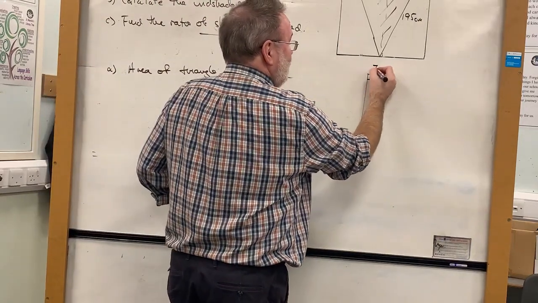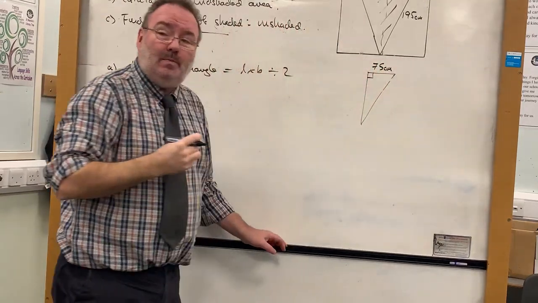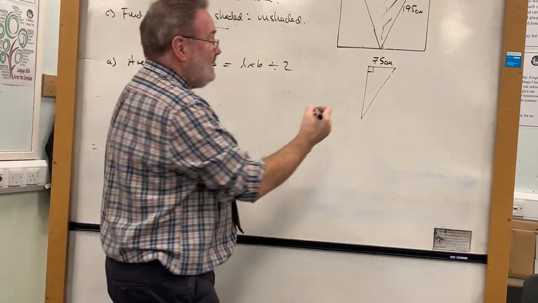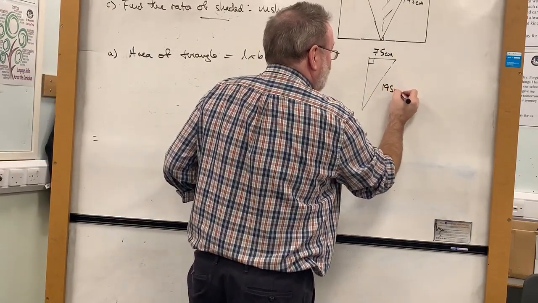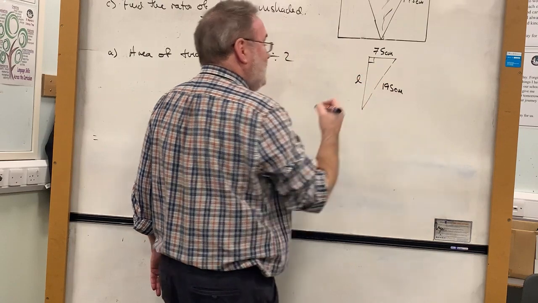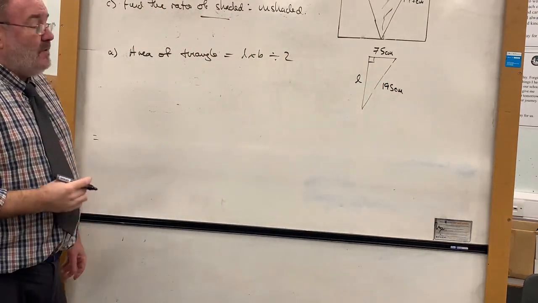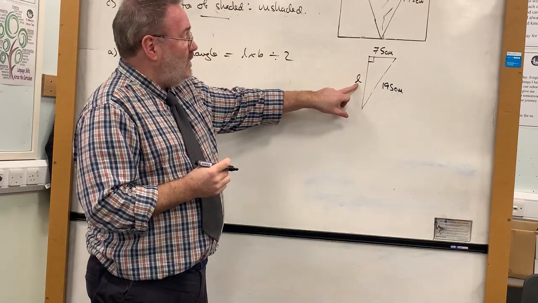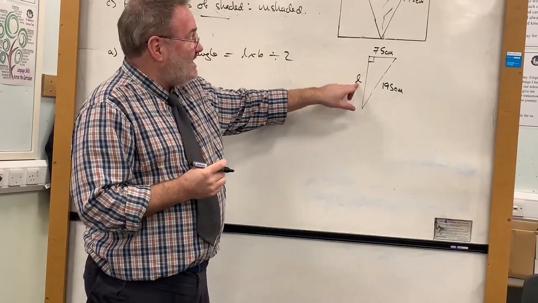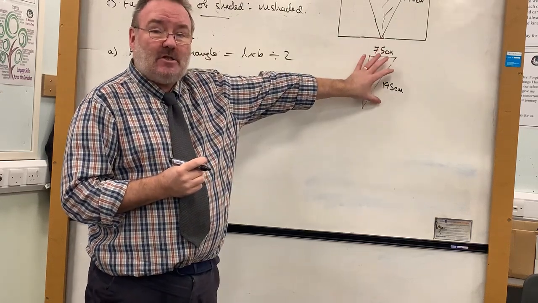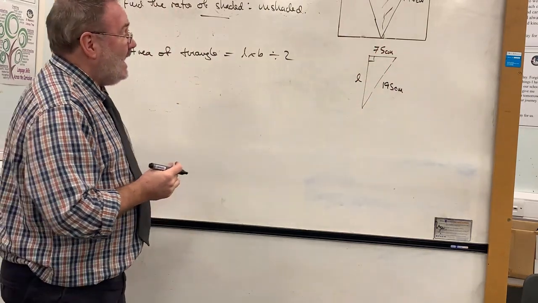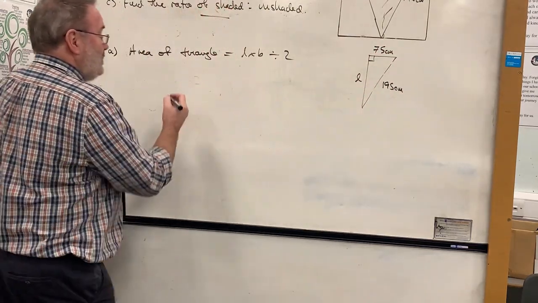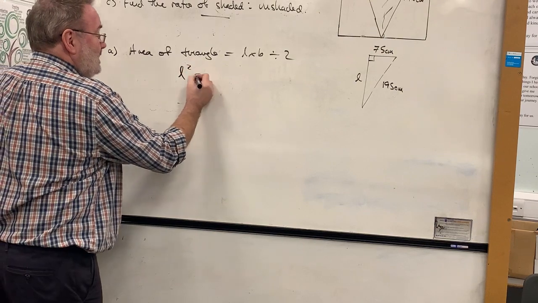Now that of course means that this distance here will be 75 centimetres. And this distance here, 195 centimetres, and we are trying to work out the length. Now, since we don't know the length, we're going to have to decide whether it's an addition or subtraction using Pythagoras. And of course, because this is the hypotenuse, it's going to be a subtraction.